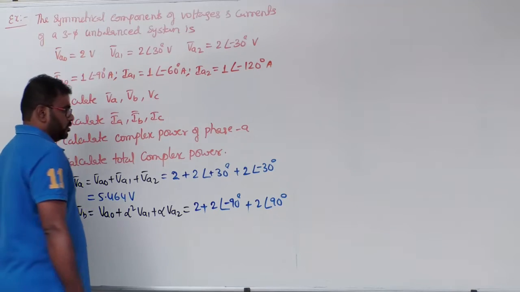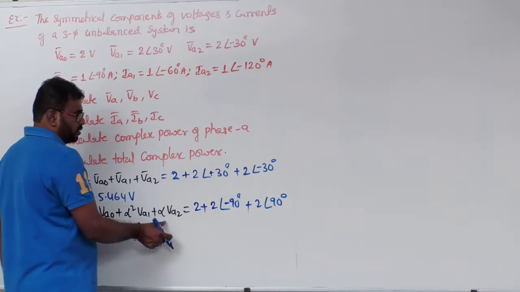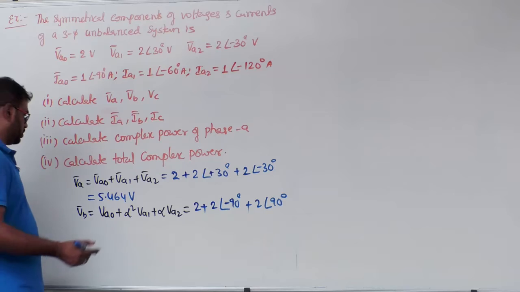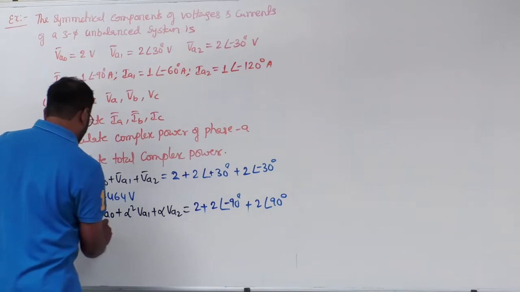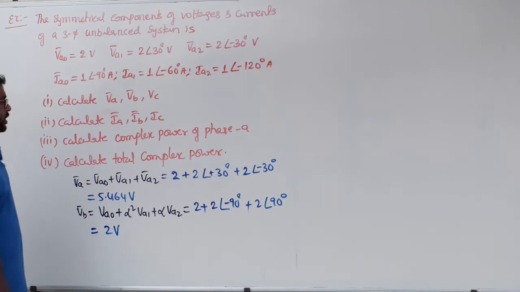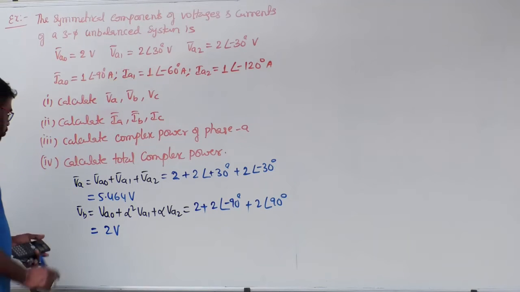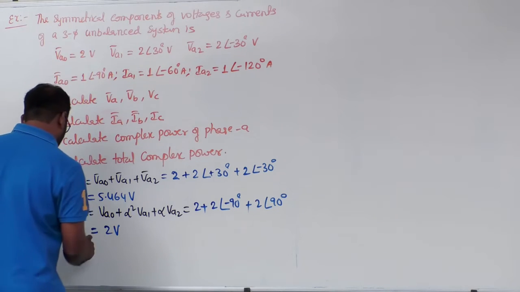Correct or not? Alpha is plus 120, 120 minus 30, 90 degrees. If I solve this, we get 2 volts, because 2 at an angle minus 90 and 2 at an angle plus 90 will get cancelled. Finally 2 volts only. Now what about VC?